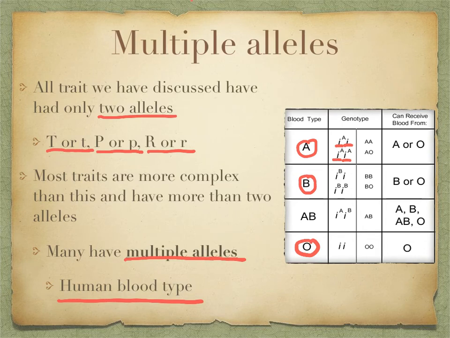This will give you blood type A. B would be IB-i, or IB-IB. This is an immunoglobulin gene, and it's just the B version of it. An AB blood type would have both the A antigen and the B antigen, and O blood type would have neither A nor B antigen on it. So with these three different alleles, we get four different blood types. That would be multi-allelic, or multiple alleles for a particular trait.